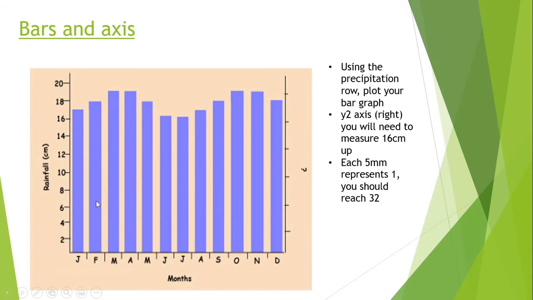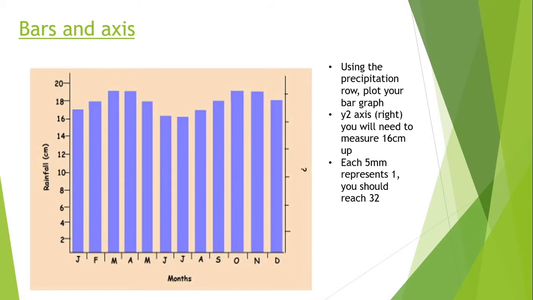As you can see by the bar chart, what you are going to need to do is look at your first value for January, work your way up, and finish the bar at that value. I'd like you to pause the video and fill in each bar for precipitation. Please make sure you use the correct row. A way to remember is tick them off once you have plotted them. Please pause the video and do the bar graph, and then resume when you're ready to move on.